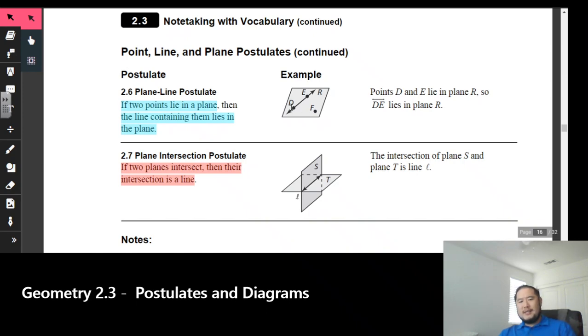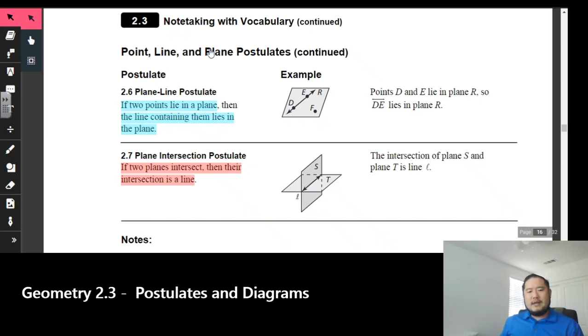Even though you don't see a line going through points D and F, remember, through any 2 points, there exists a line. So I can say that line DF does exist. I could say also the same thing between points E and F. Through those 2 points, there can exist a line, even though it does not appear in the diagram.